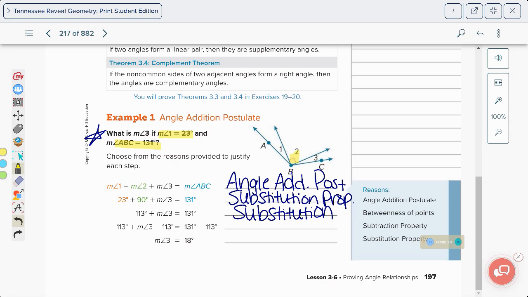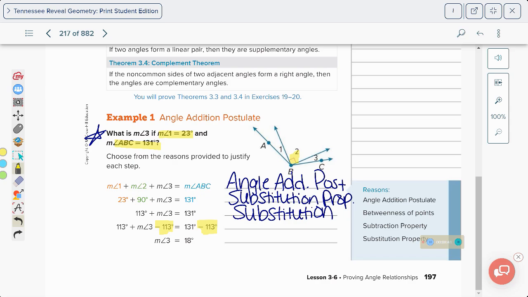Now, moving on to the next statement. So I'm not really replacing anything. In fact, it looks like something has been included or added. For some reason, they have subtracted 113 from both sides. Okay? The end goal here, they want to get measure of angle 3 all by itself. So that's the reasoning behind it.